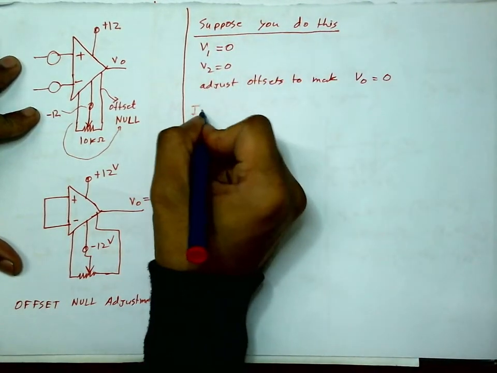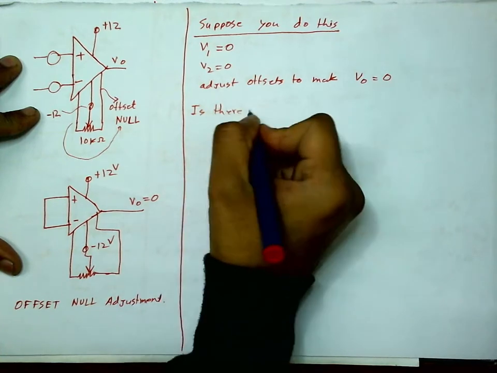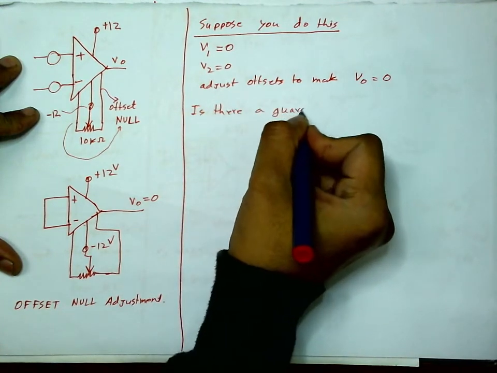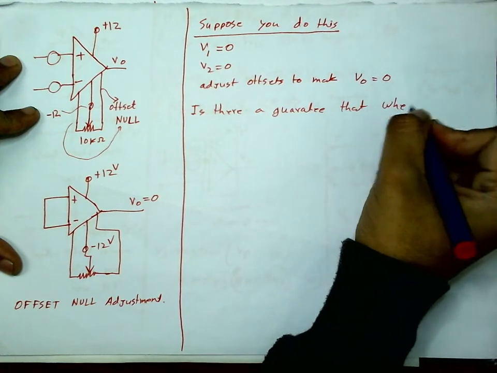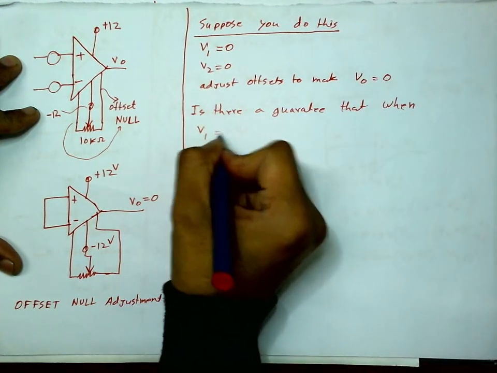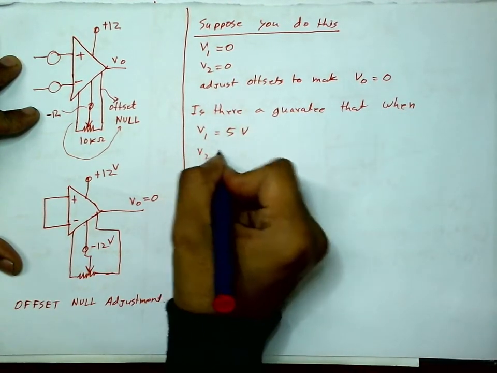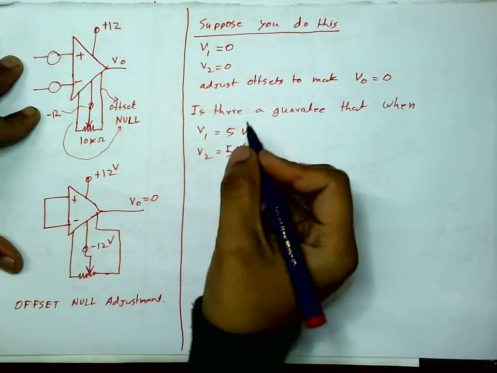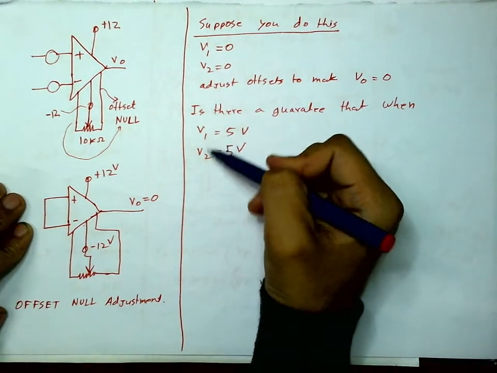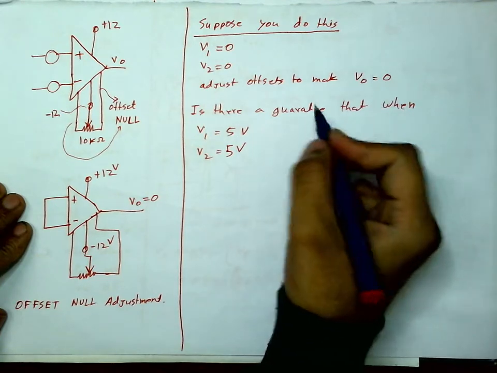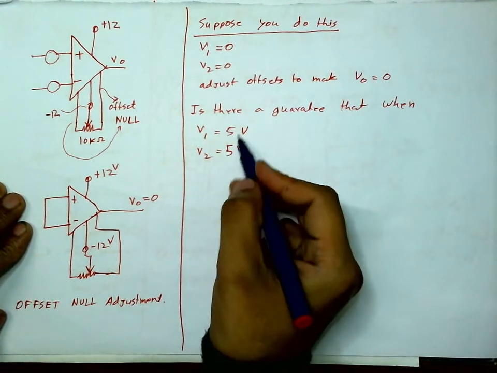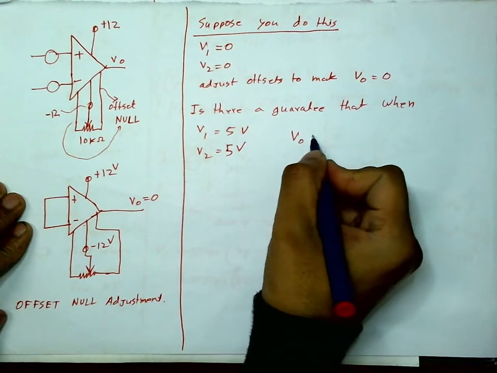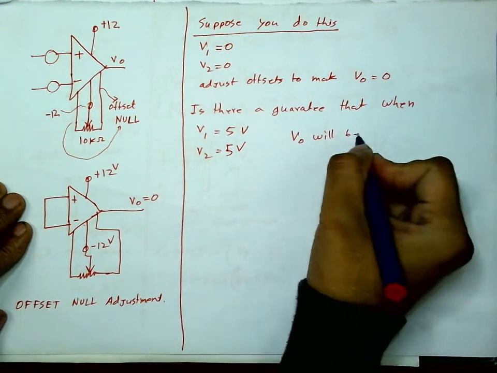Is there a guarantee that when V1 is equal to say 5 volt and V2 is equal to 5 volt, so these two are still equal, VO will be 0?